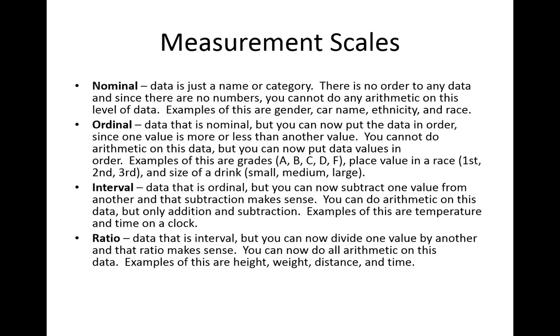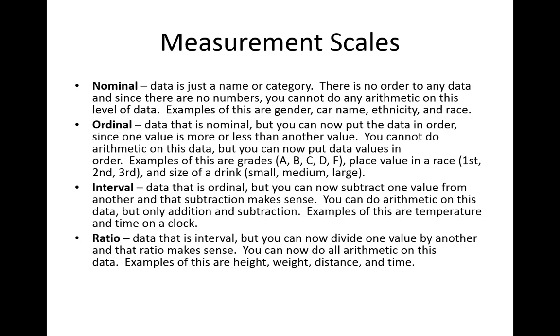Okay, with ratio, this is data that is interval, but you can now divide one value by another, and that ratio makes sense. You can now do all arithmetic on this data. Examples of this are height, weight, distance, and time. Now, what kind of time here are we talking about? Because we saw in interval, an example was time on a clock.